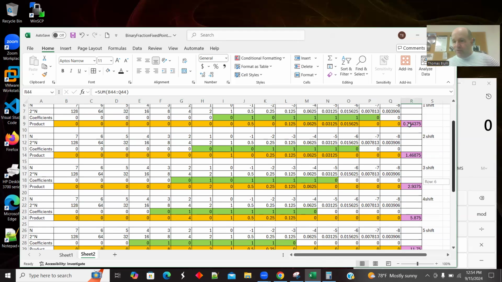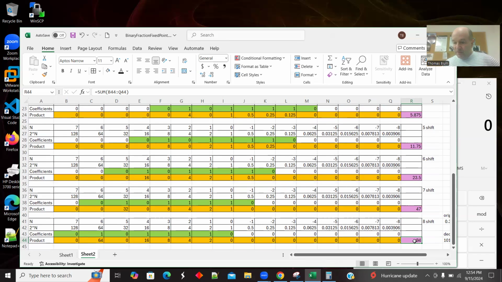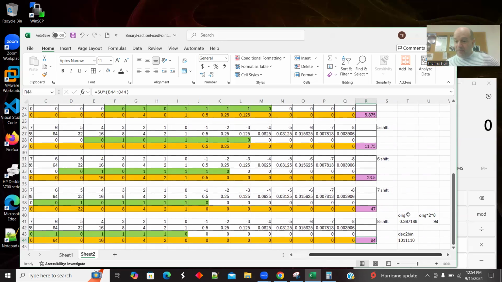So I had some number repeat, and ended up with 94. And so we can see that here, I got my original number and I multiplied it by 2 to the 8th. And there's my 94, which I also got through my process of shifting.